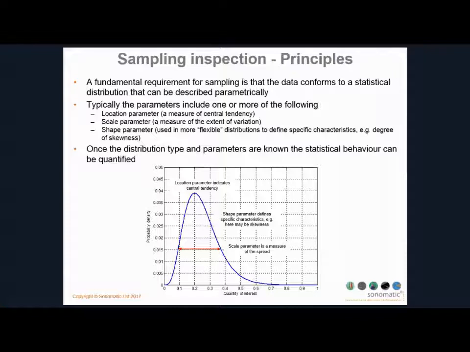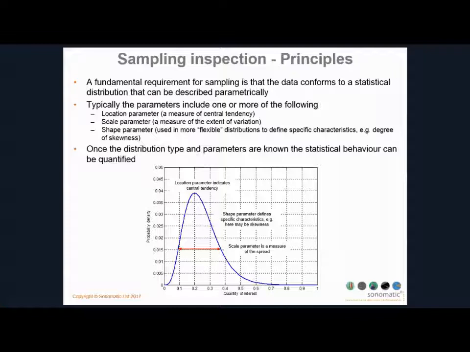So what's the most frequently occurring value, or gives you some sort of measure of a central tendency. Also important is not just, where's most of the data likely to fall, or what's the most likely maximum depth of a defect, for instance, but you also want to know something about the spread associated with the distribution, and that's defined by the scale parameter.